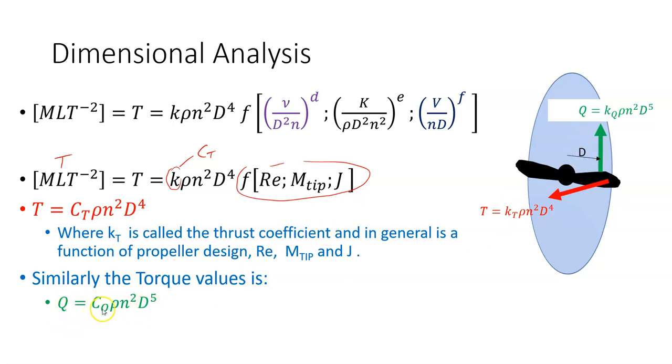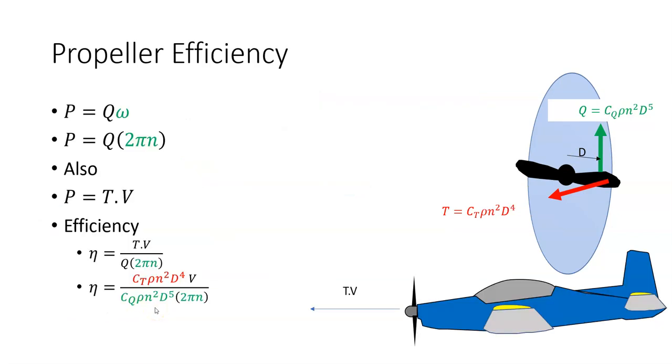So the torque is CQ rho n squared d to the power 5. All right, so we're nearly there now. This is a long video. So the power produced by the engine, power is torque times omega, and we've seen that omega is just 2 pi n.